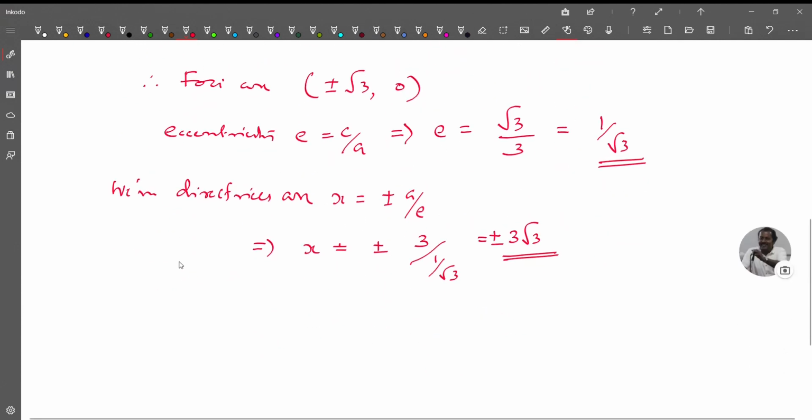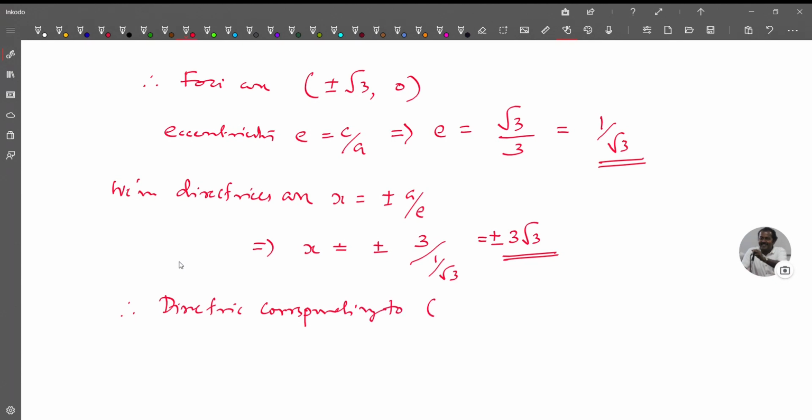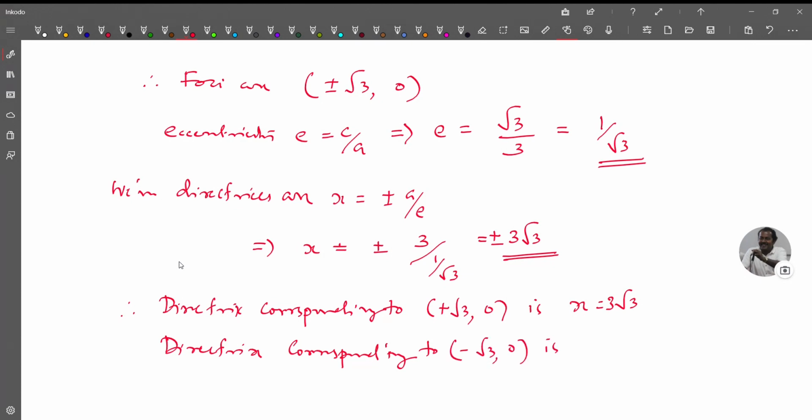So the directrix corresponding to the focus (root 3, 0) is x is equal to 3 root 3, and corresponding to (minus root 3, 0) is x is equal to minus 3 root 3.